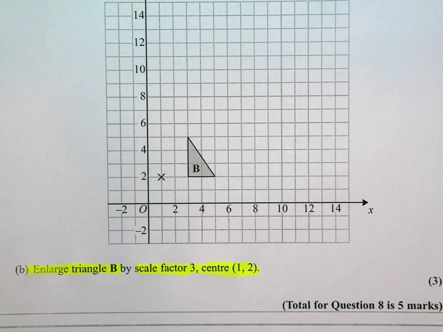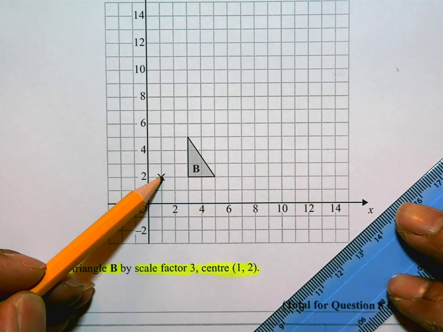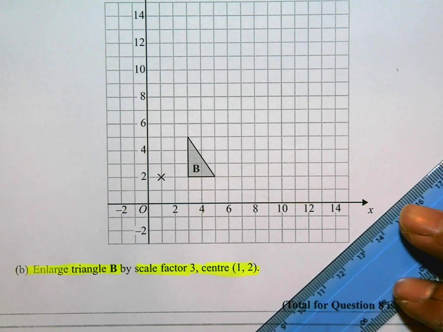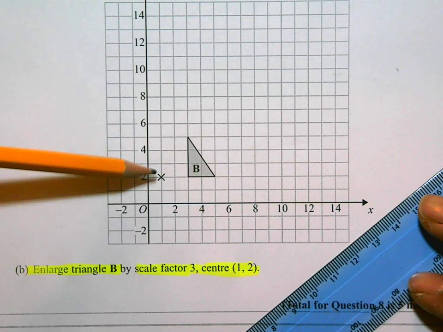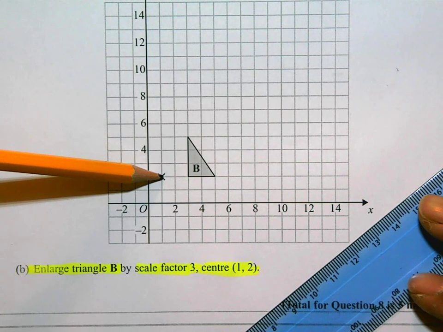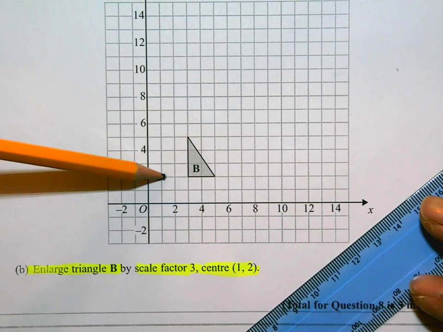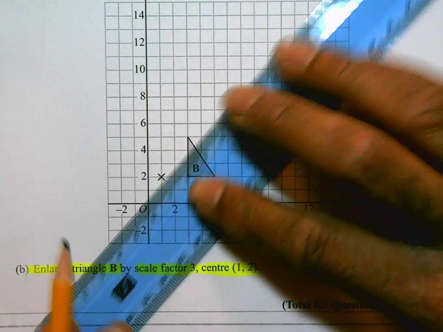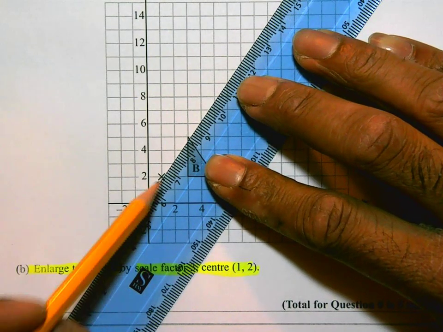Now when you need to do an enlargement from a center of enlargement, on the higher paper they will always have questions like this. They will always be from a center of enlargement. You're going to draw lines from the center of enlargement through each of the corners of the shape you're trying to enlarge. So I'm going to draw a line from the center of enlargement through that top corner.